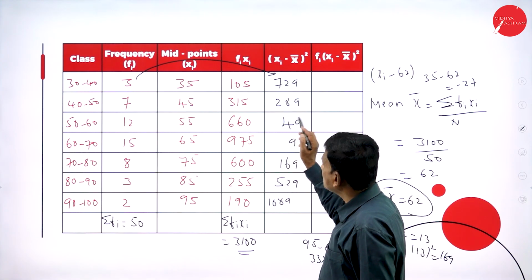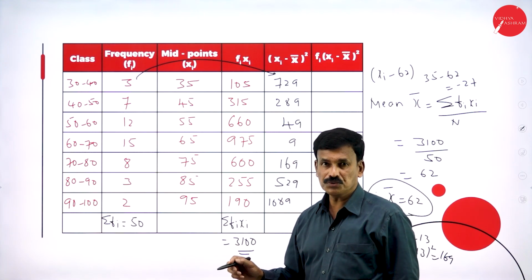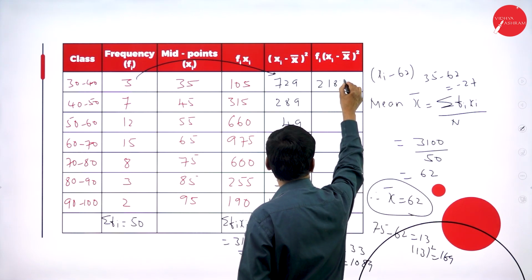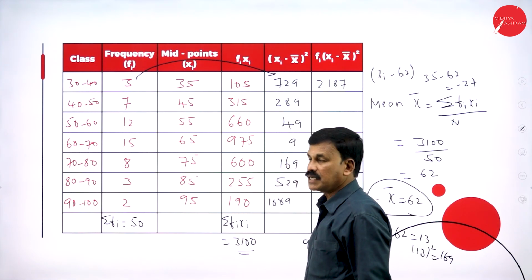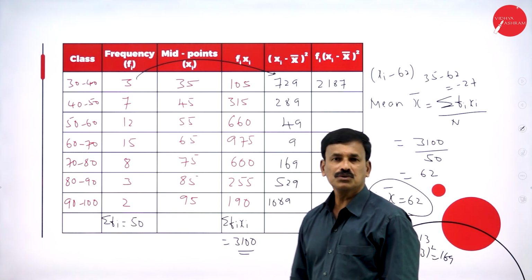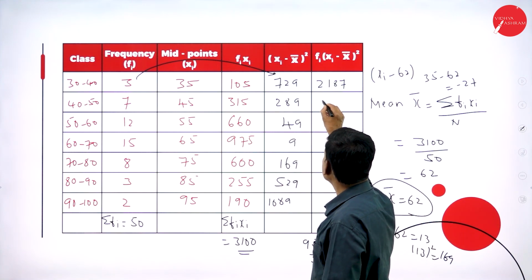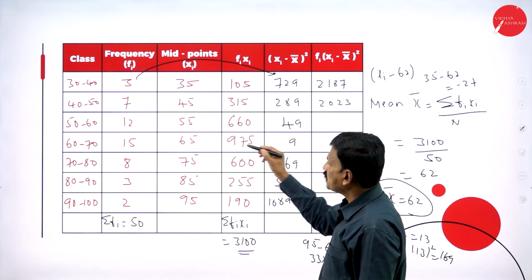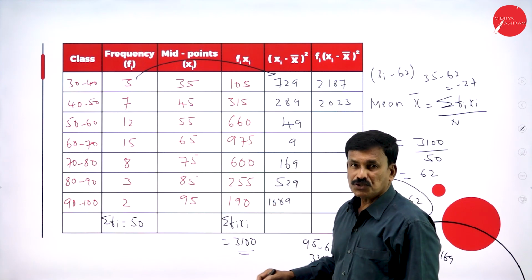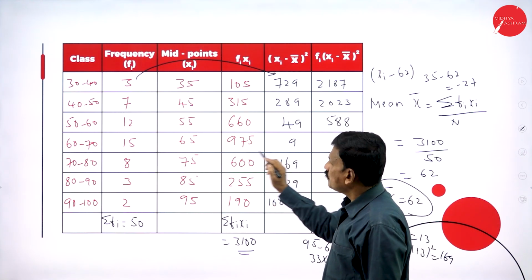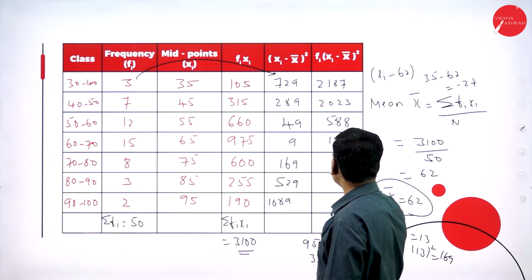So 729 into 3 is equal to 2187. Next 289 into 7 is 2023. Next 49 into 12 is 588. Next 15 into 9, 15 nines are 135.